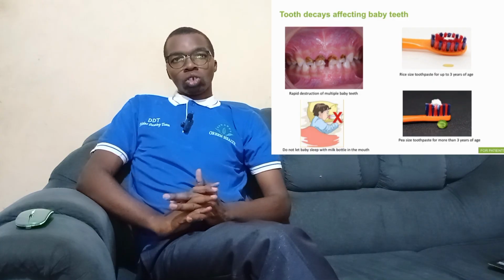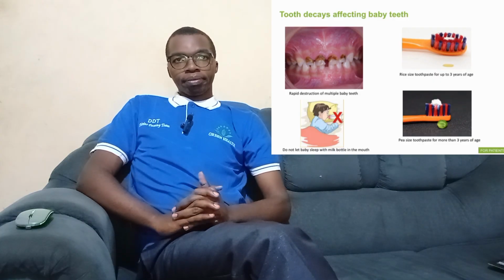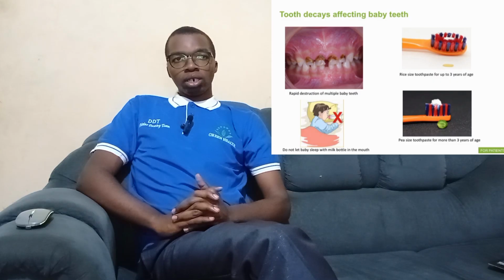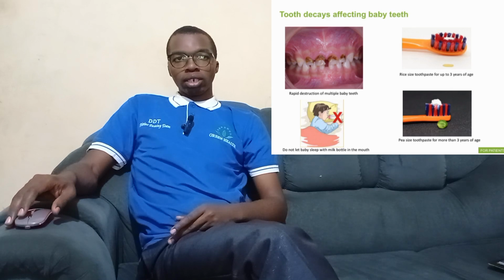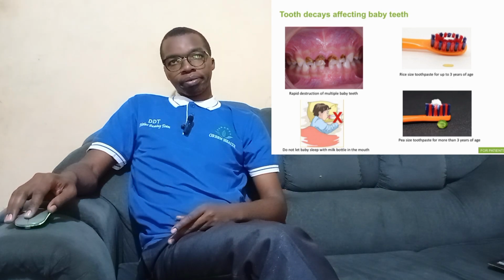And we want to also look at tooth decays affecting children or baby teeth. We have rapid destruction of multiple baby teeth, and you can see in the picture that you should not let the baby sleep with the milk bottle in the mouth.